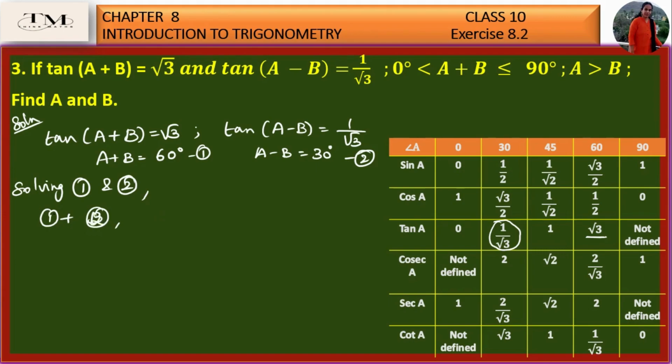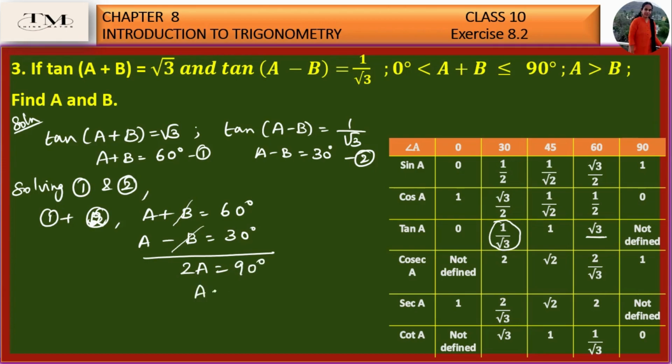So 1 plus 2. A plus B equal to 60 degree. A minus B is equal to 30 degree. We are adding, the signs will not change. So plus B and minus B gets cancelled. A plus A is 2A. 60 plus 30 degree is 90 degree.